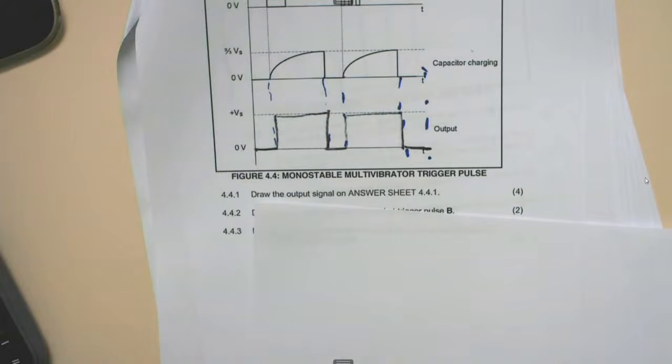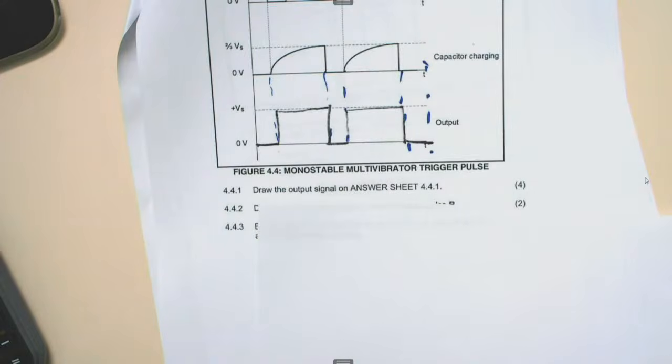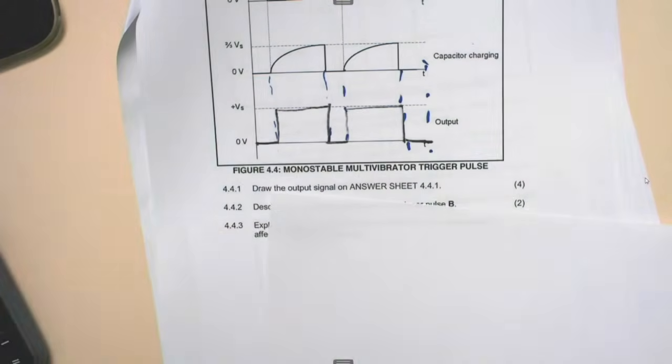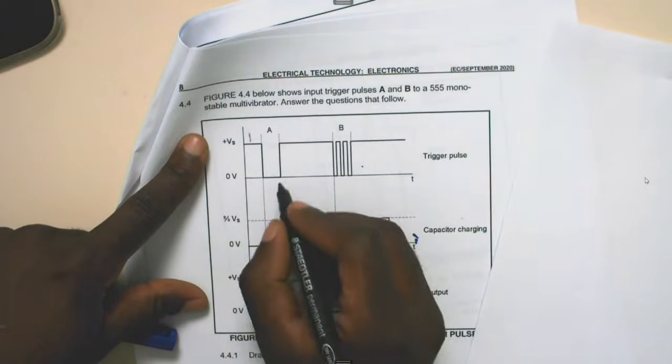Normally if you have got this, it's the same as this one, but the output will be your square, which is the opposite of the trigger pulse, because when the trigger pulse is at high here, this will be our 0.